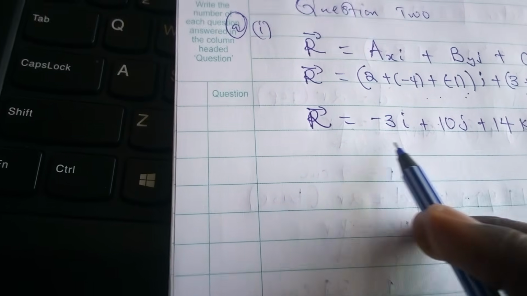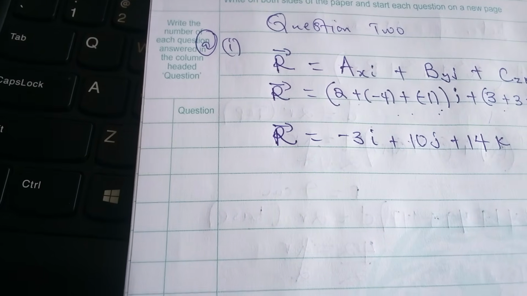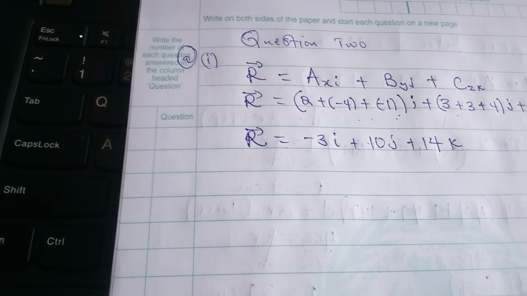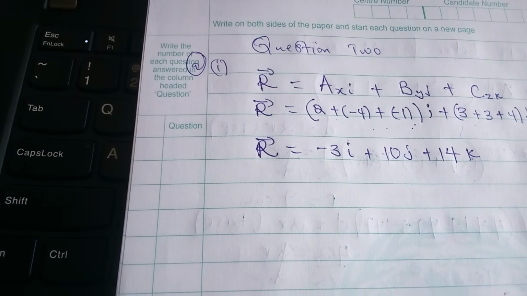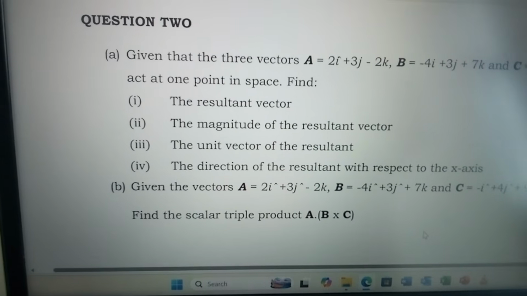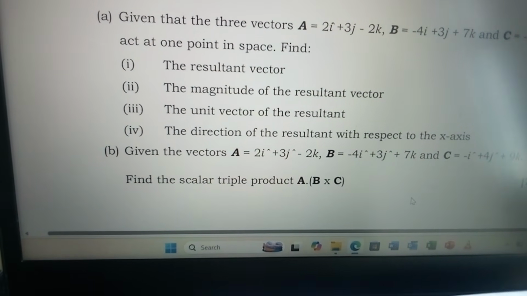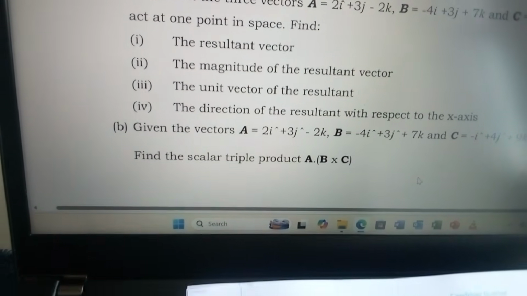So this is the resultant vector, our final answer for part A, where they told us to calculate the resultant vector.